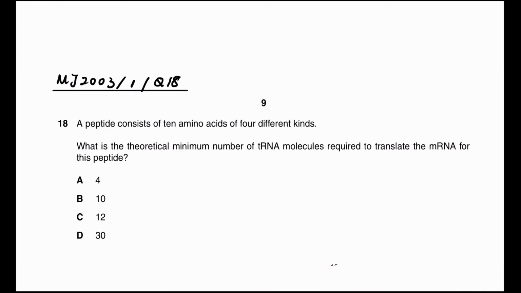For this question, the background understanding here is, do you know that every tRNA carries a specific amino acid? So they carry specific amino acid to the ribosome according to the anticodon.